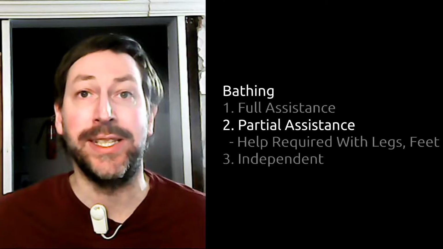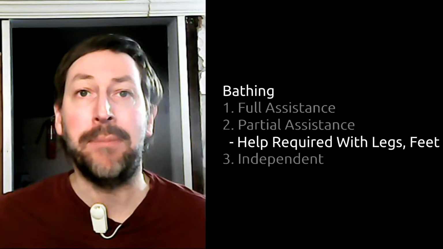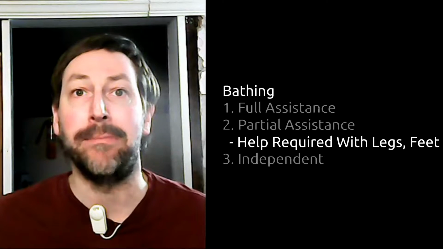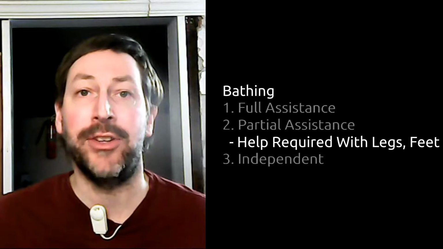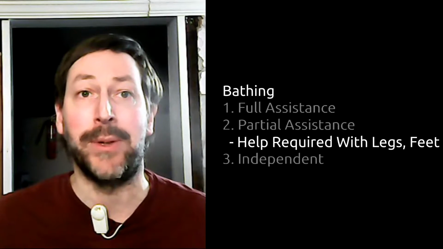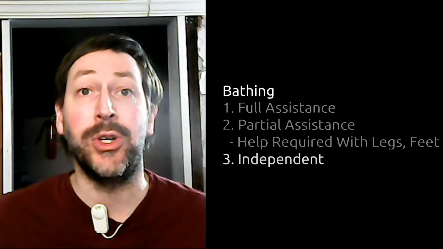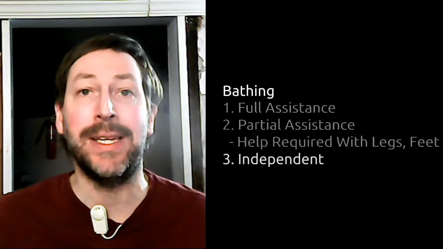Partial assistance may mean that you need help with the lower half of your body, your legs and your feet, for example. Or else you could be independent in bathing.